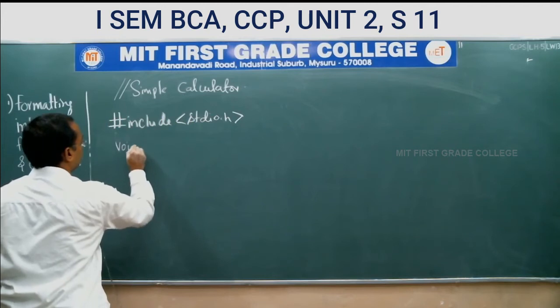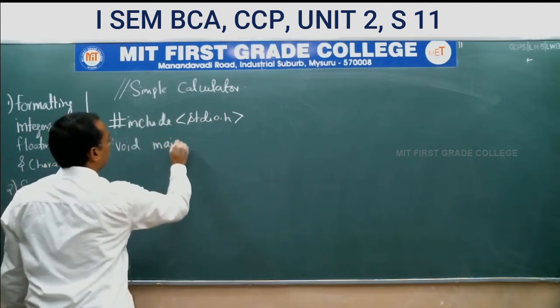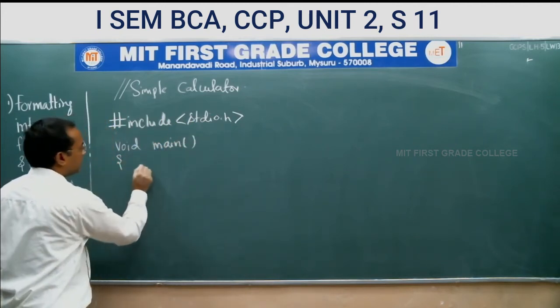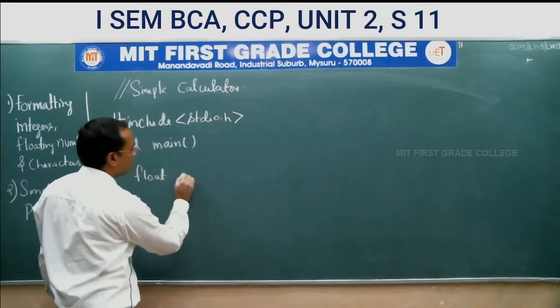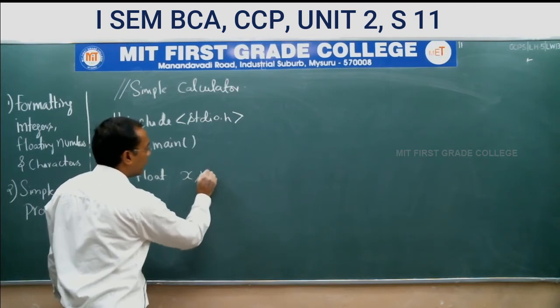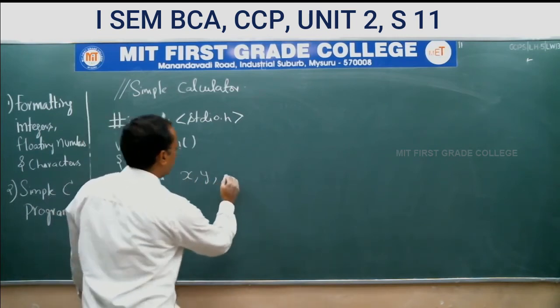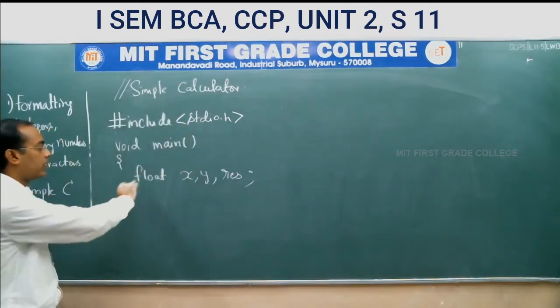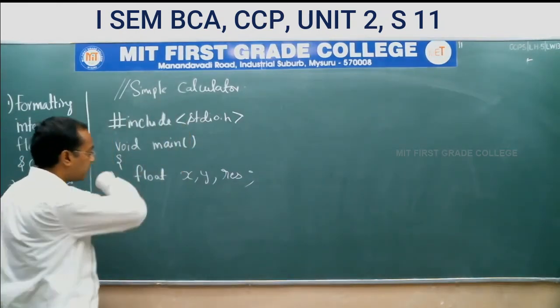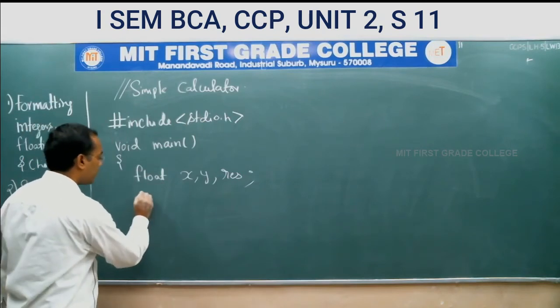Let's start with the main function, void main. Declare the variables, two inputs, right? So I am going to declare the inputs as x and y and one output, so I will call it as res, result. All are declared as decimal variables or floating variables.